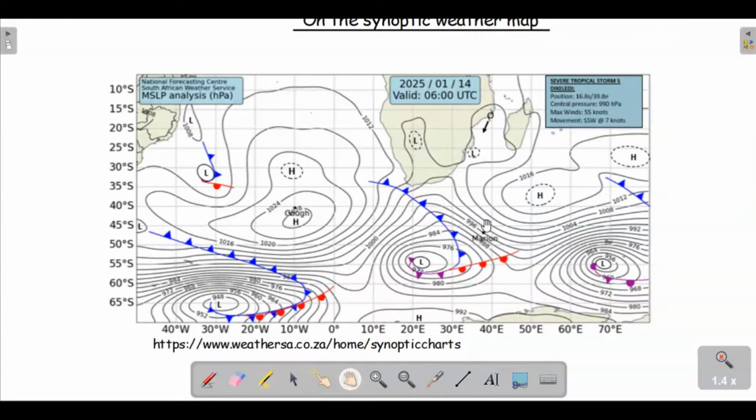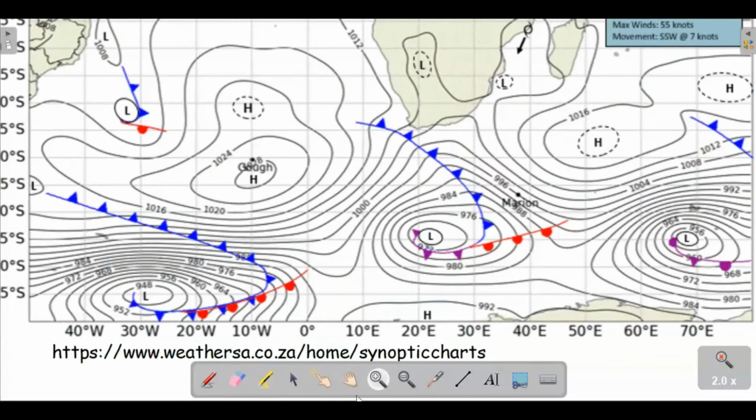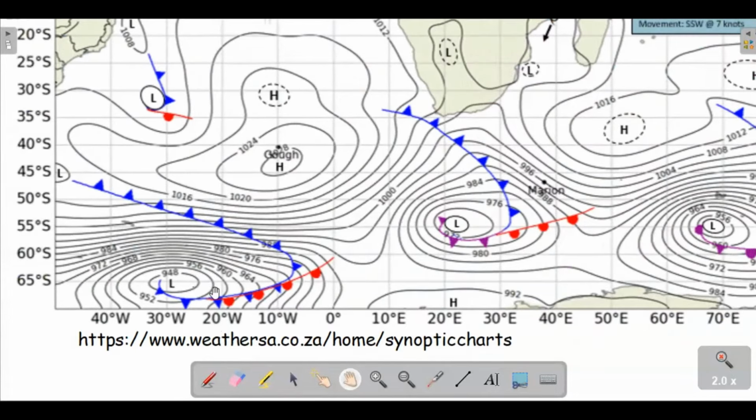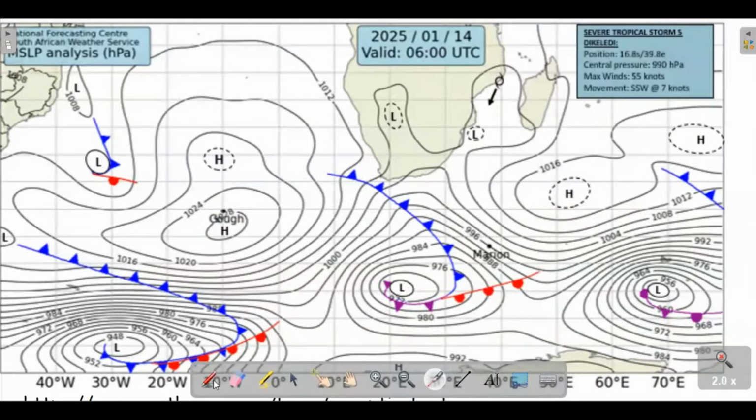This is a synoptic weather map, and you can clearly see, guys, that you have areas of low pressure, for example right over here, and an area of high pressure in some areas, like over here. If you observe this carefully, I'm going to call this A, and this B right over here, and between A and B is illustrated a steep pressure gradient.